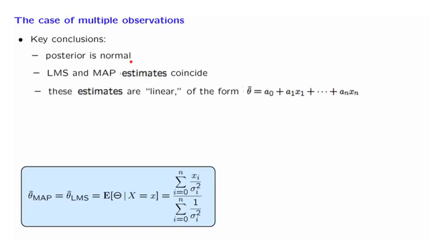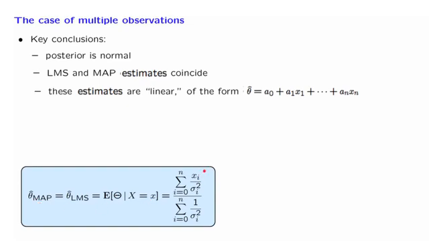Because it is a normal distribution, the location of its peak is the same as the expected value, and for this reason the conditional expectation estimate and the maximum a posteriori probability estimates coincide, and finally the form of the estimates that we get is a linear function in the xi's. And this linearity is a very convenient property to have because it allows further analysis of these ways of obtaining estimates.